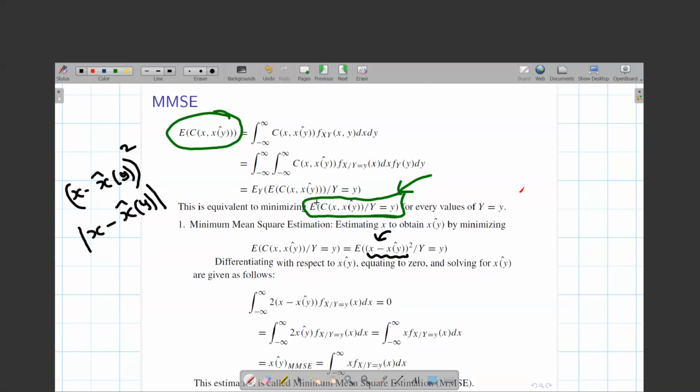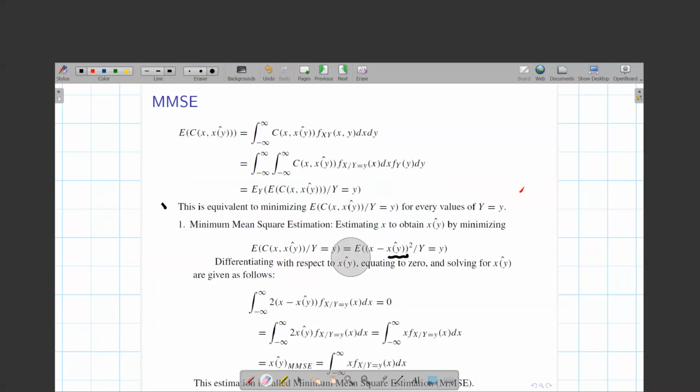So the cost function is your own choice, and depending upon which cost function you use, you get a different estimation value. In this particular case, we are using x minus x cap of y, the whole square.